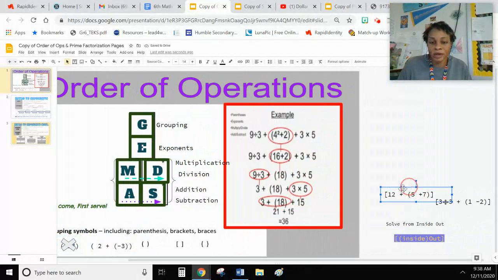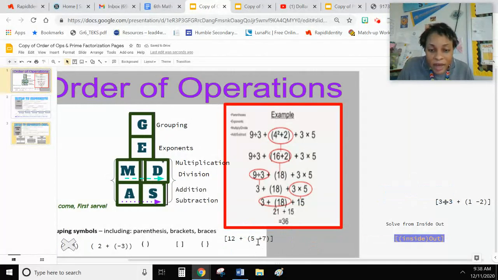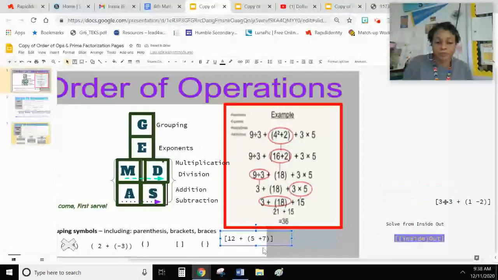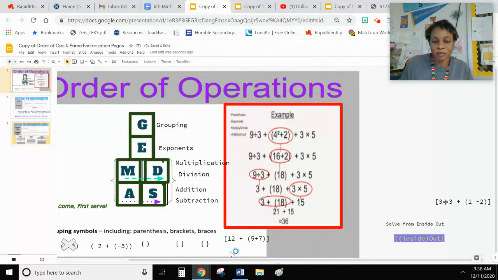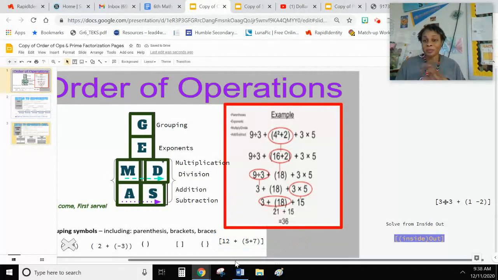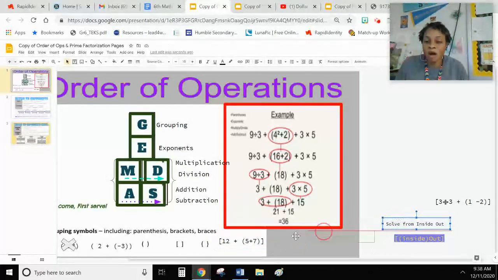What about here? This one is interesting. We have 5 plus 7, and that is being added or combined with 12, okay? So this has braces and parentheses. Whenever you have something like this, we want to solve it from the inside out, okay?